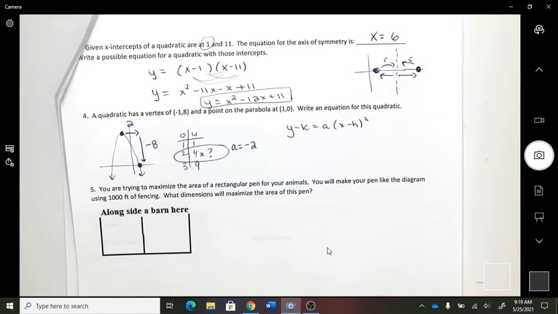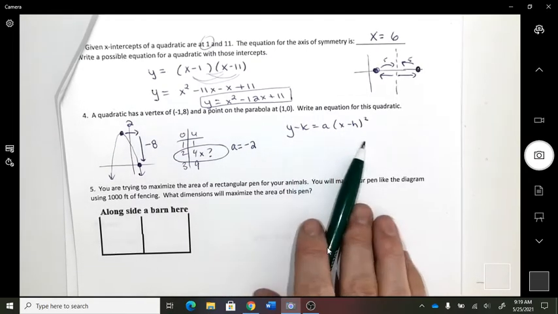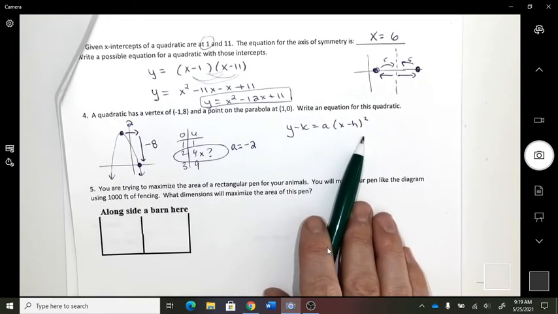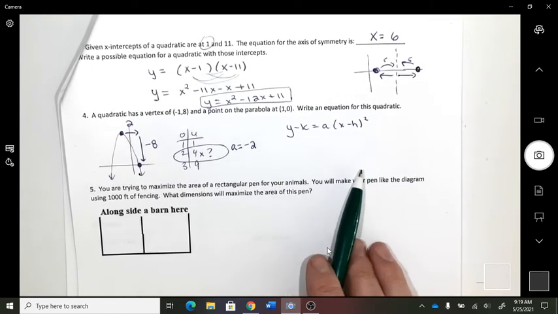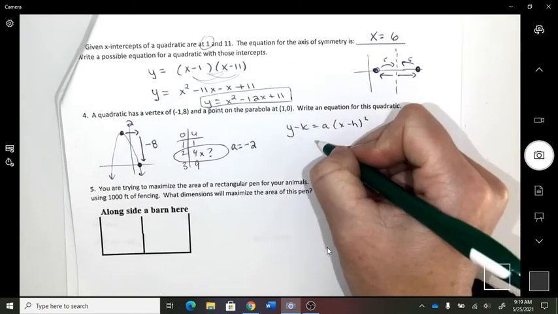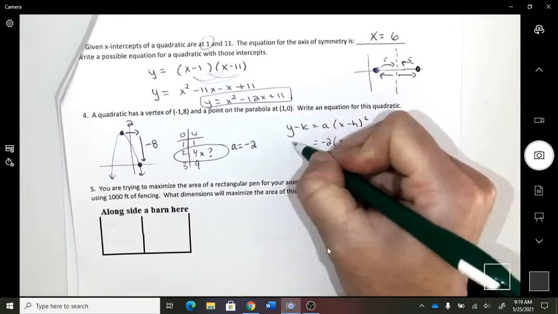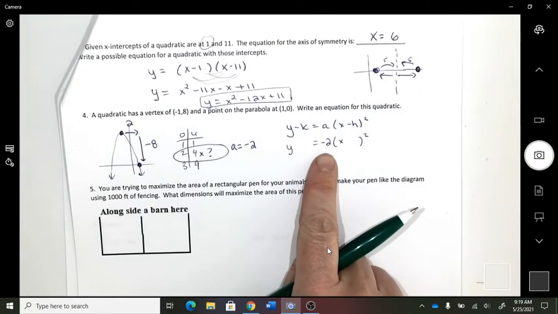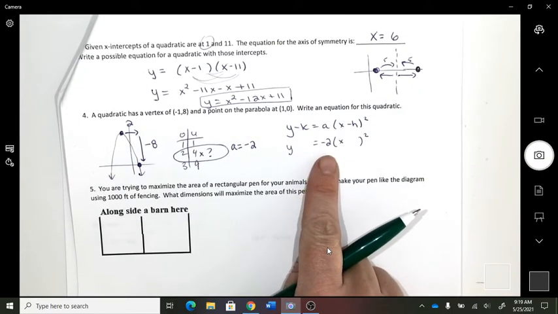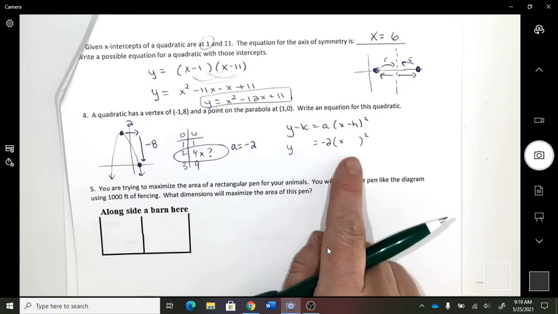Okay, so now you have to fill in everything you know. Your vertex and your slope have to get filled in. Your X and Y position must remain open so that you can put any other points in there. So -2 goes in the multiplier spot. How do you fill the vertex in?